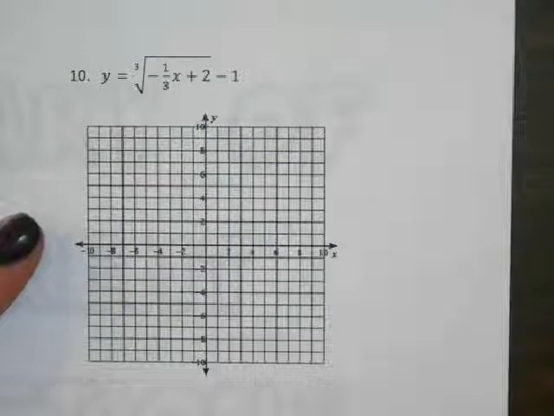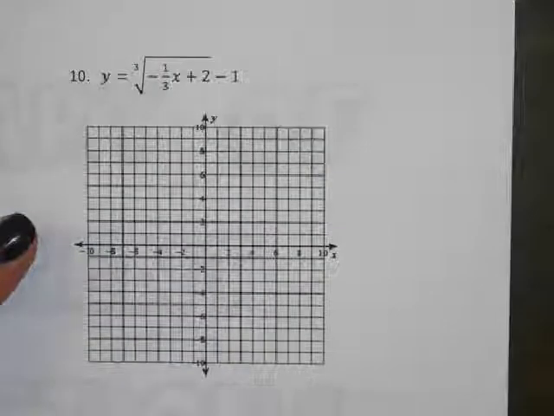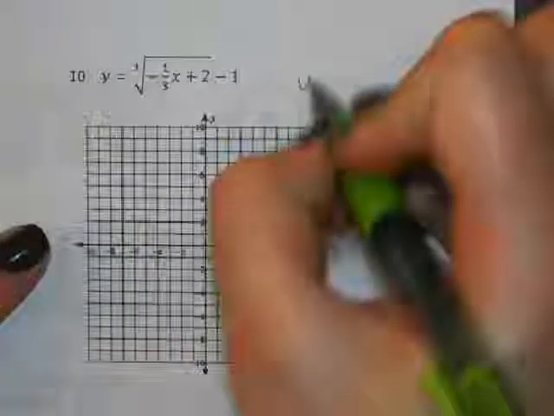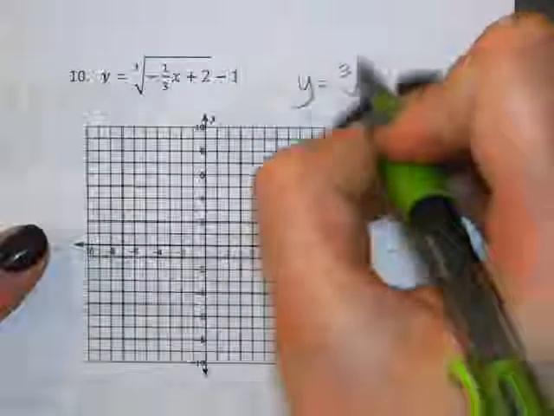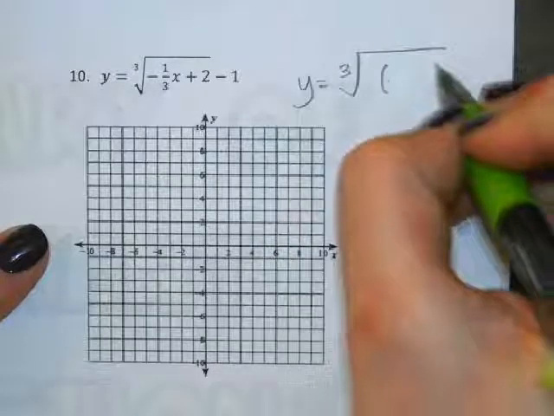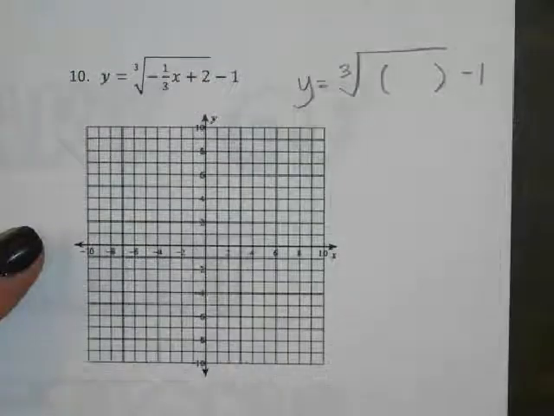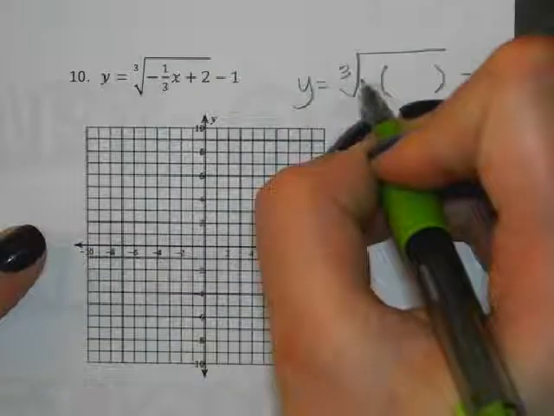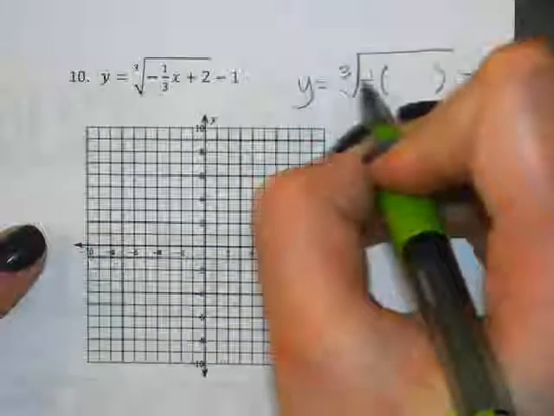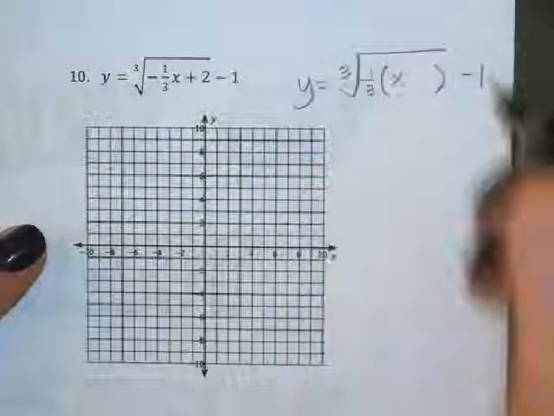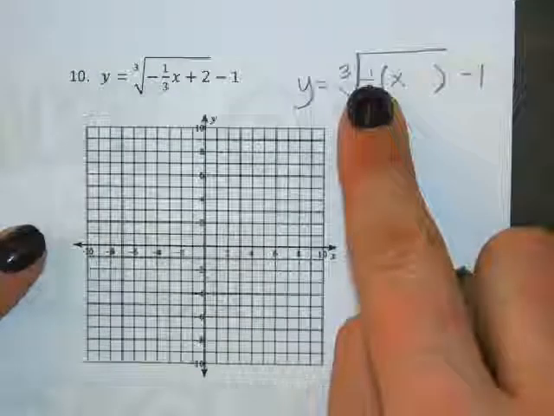Is this one ready to go? Nope, so we got to fix this one as well. That's not just a 1/3, I have a negative sign in front of that.